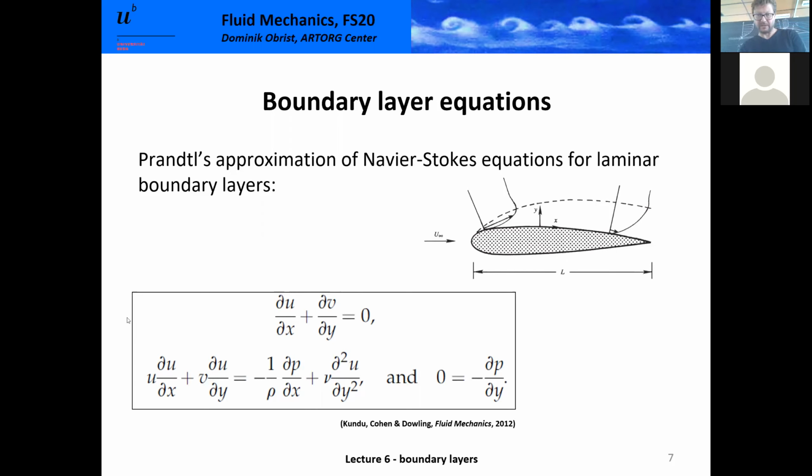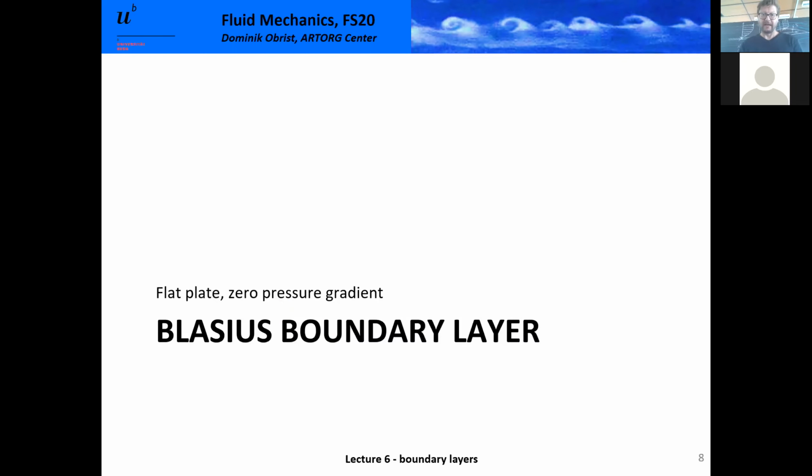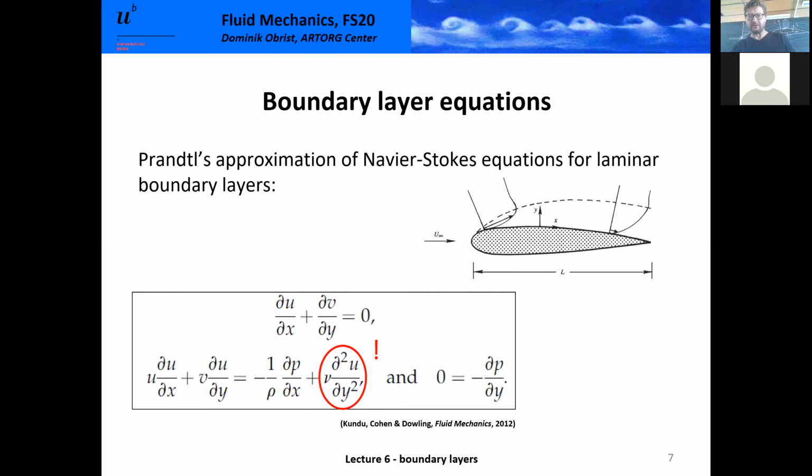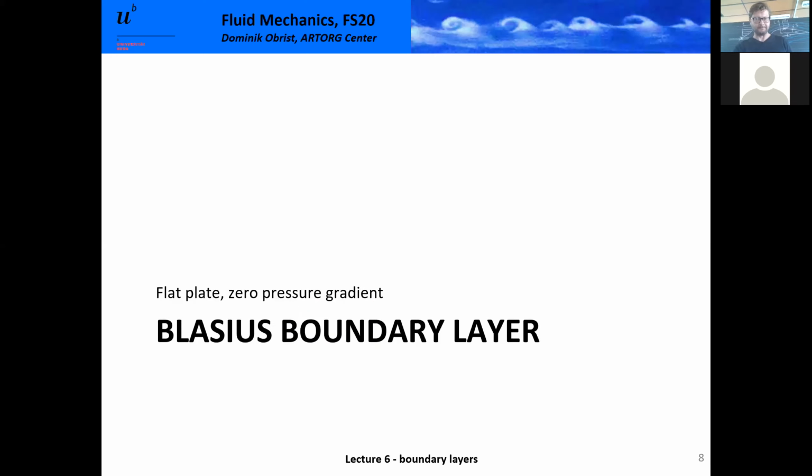He then went on and he had a student, a PhD student called Blasius. I think that was around 1910. And he gave Blasius the job to solve these equations, find a solution for these boundary layer equations for a very special case.